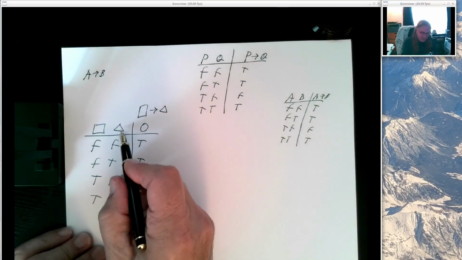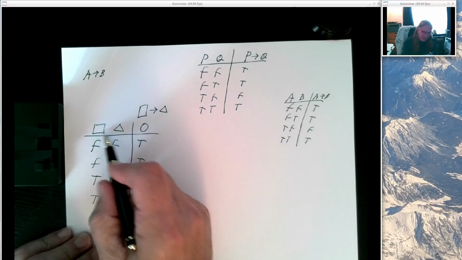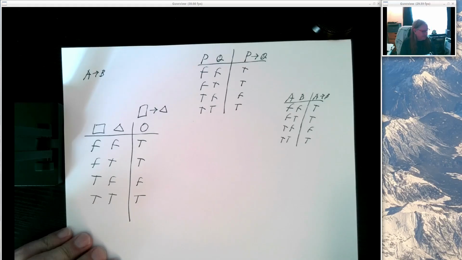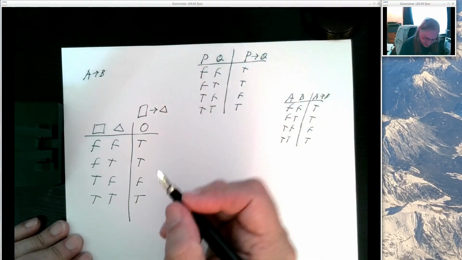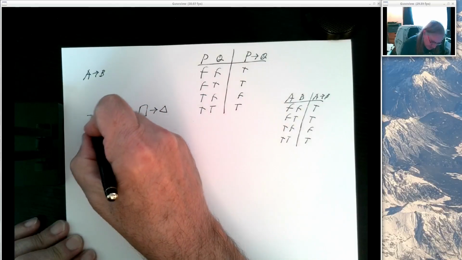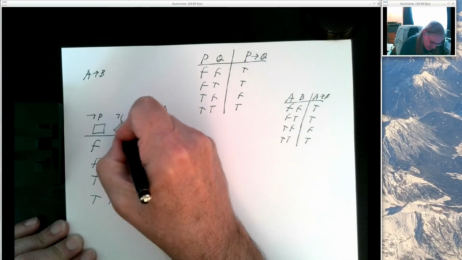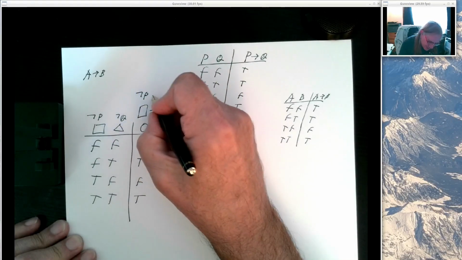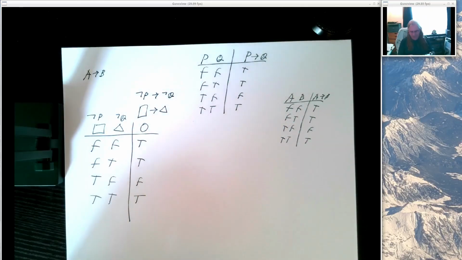So if this is P and Q, this is the truth table for if P then Q. If this is A and B, then this is the truth table for if A then B. But if this is not P and this is not Q, then this will be the truth table for if not P then not Q. It's the same truth table.